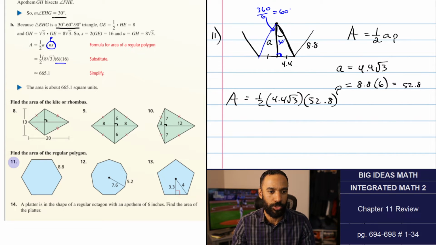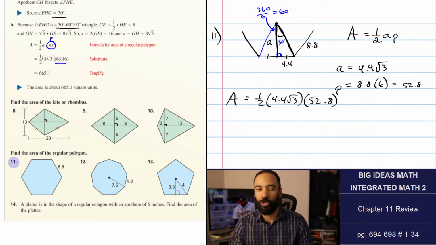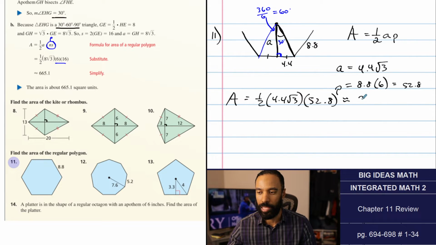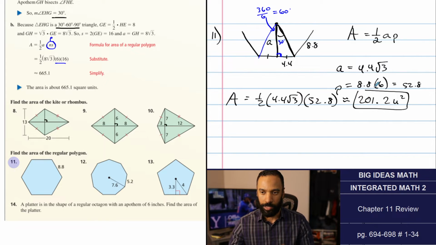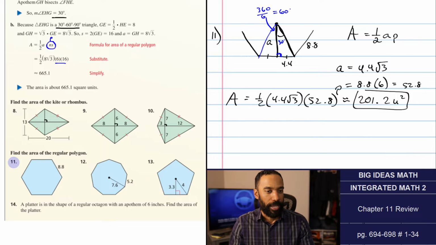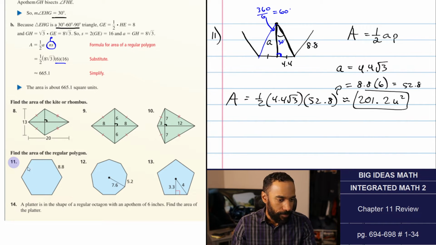I might as well go straight into it. They did round to the nearest 10th last time, so I'm going to do that as well. 4.4 root 3, and I'll divide it by 2, taking half of that. All right, 201.195. Oh wait, they round to the nearest 10th. 201.2 square units. Okay, that's number 11. Well, I tried, and I believe I failed. Okay, number 12.